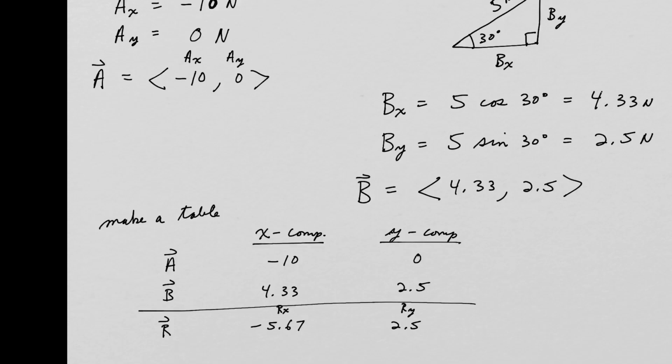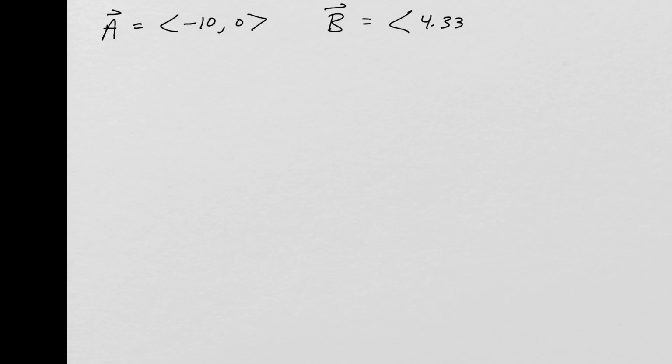By the way, the other way you could have done this is you could have used the notation that's used in MyOpenMath. Let me just show you that real quick, and then we'll finish up this problem. Since A was -10, 0, and then B was 4.33 and then 2.5, if you want to add components together, remember this is really the same as Ax, Ay.